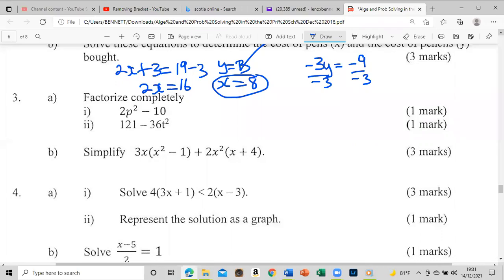Sir, is this the 2018 paper? I have no idea. Remember, I said I just look at them.